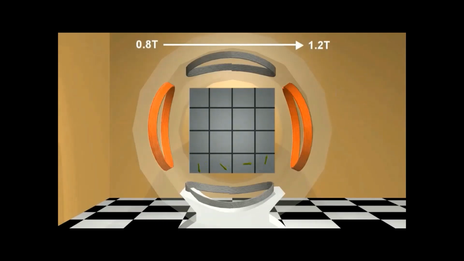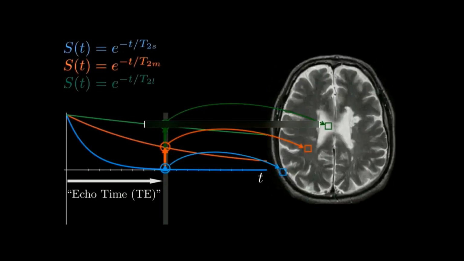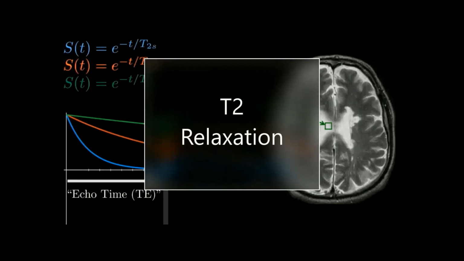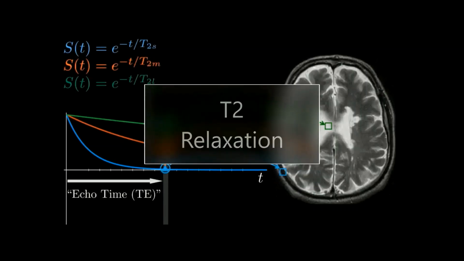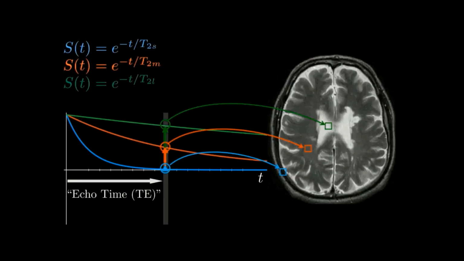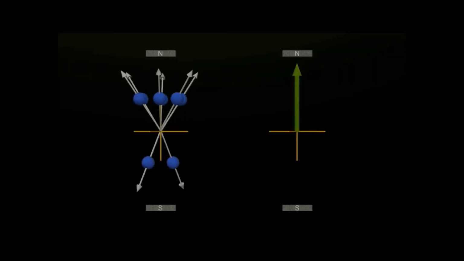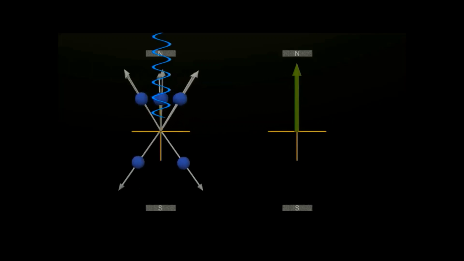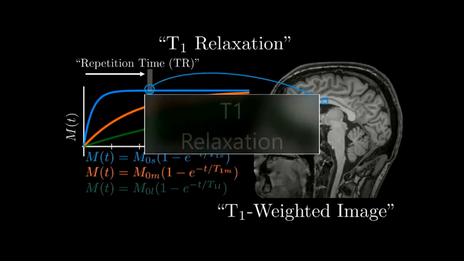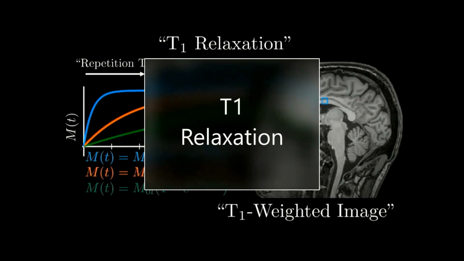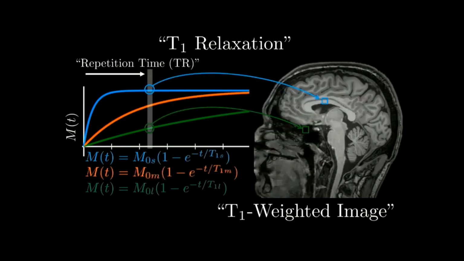But the amount of time it takes for the signal to die off is different from tissue to tissue. So this is called T2 relaxation. And T2 relaxation is one method of providing tissue contrast in images. Finally, the nuclei will eventually realign with the magnetic field, and the amount of time that it takes to do this is called T1 relaxation.